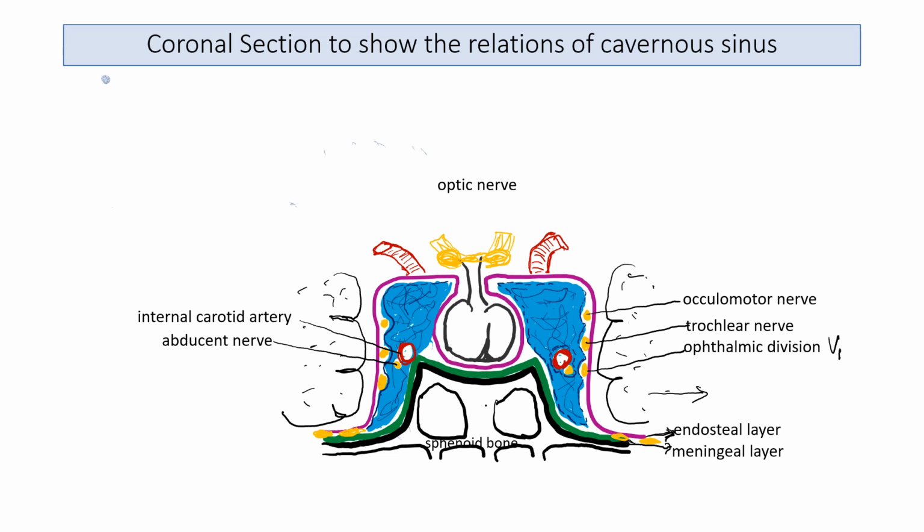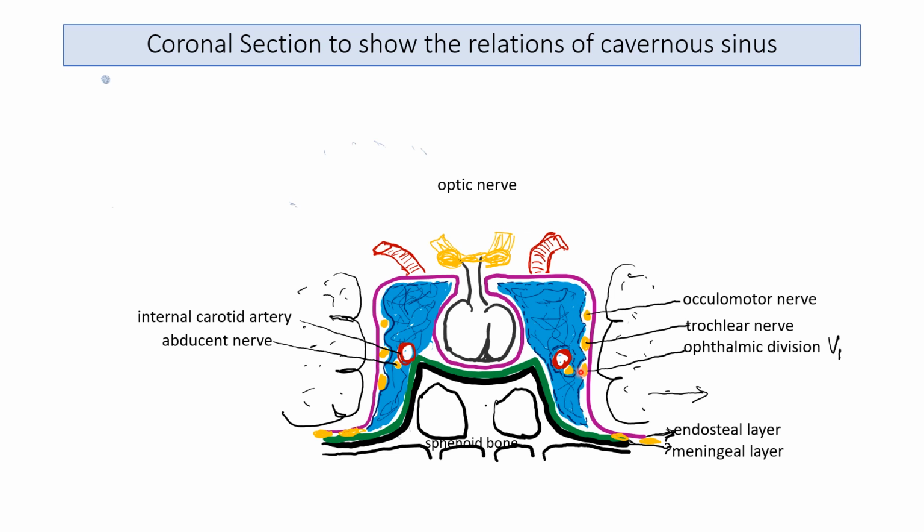One more thing: when these nerves are involved, the symptoms produced affect the eyeball, and there are sensory symptoms because of involvement of the ophthalmic division of the nerve. In venous sinus or cavernous sinus thrombosis, usually the compression of the abducent nerve occurs first, because it is close to the floor and in relation to a rigid structure.